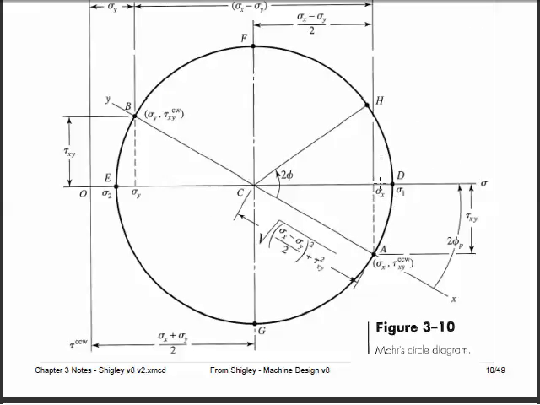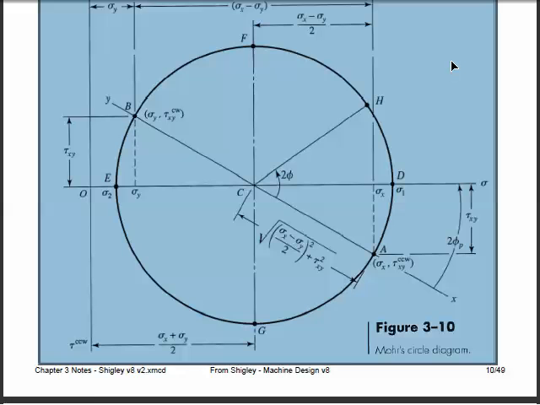So here is our Mohr circle where we plot normal stresses on the horizontal axis and shear stresses on the vertical axis, and it shows you where all the equations come from for Mohr circle.